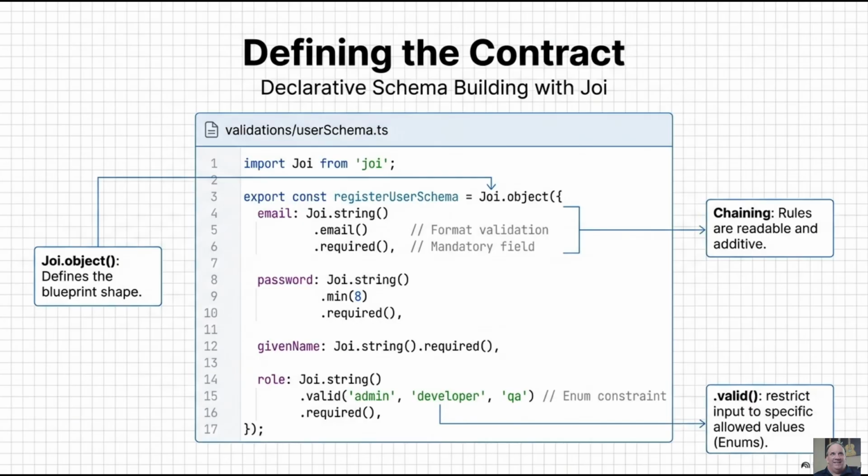So for an email, we do Joi.string().email().required(). So that obviously tells you that that field is required in the request. So that's 3 rules chained together, right?